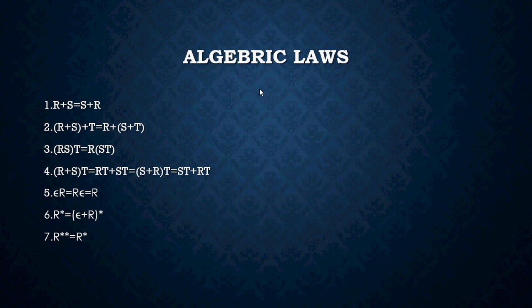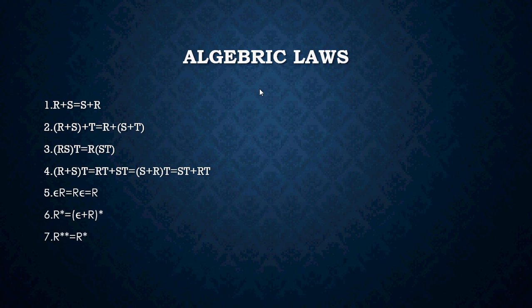R(ST), which is concatenation, can be written as (RS)T. R(S plus T) equals RS plus RT. Epsilon into R equals R into epsilon, which will always result in R. R star can be written as (epsilon plus R) whole star. R star star can also be written as R star. All these laws put together are called the algebraic laws of regular expressions.